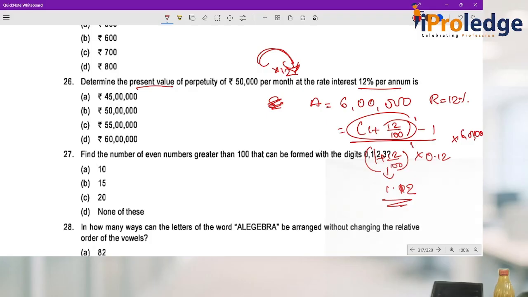Option B. It's coming 50 lakh, exactly 50 lakh.